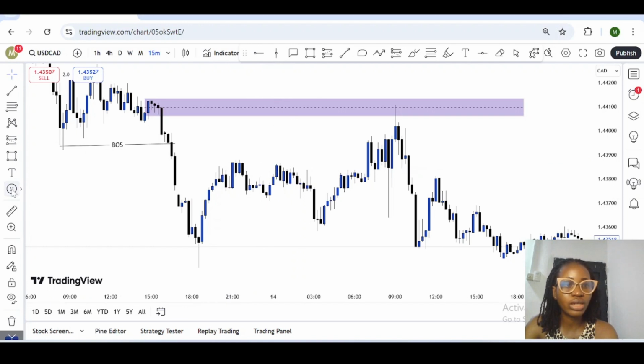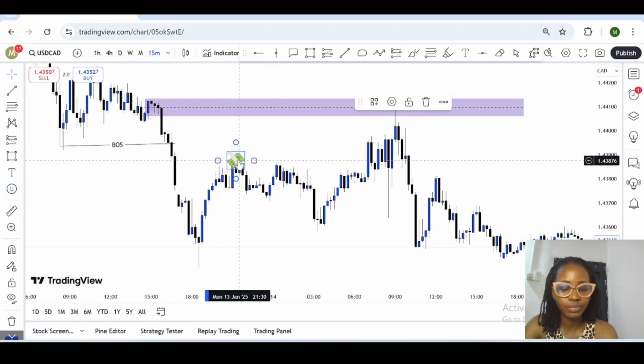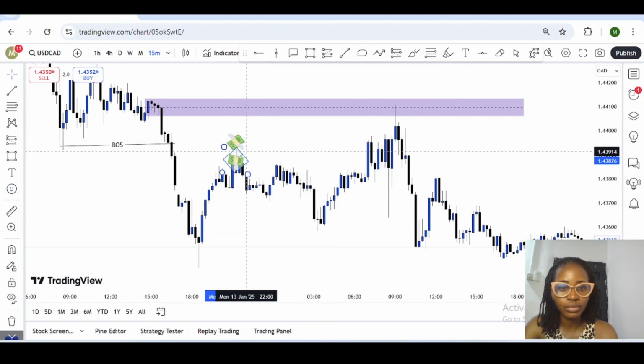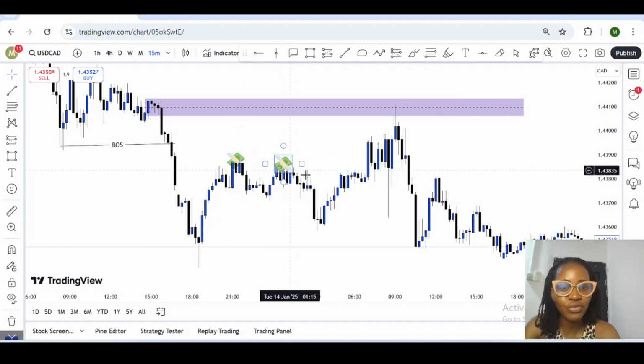Let me bring the dollar sign here and here and here. So see this kind of formation, some people want to pick an entry here as price is retracing to this zone, right?